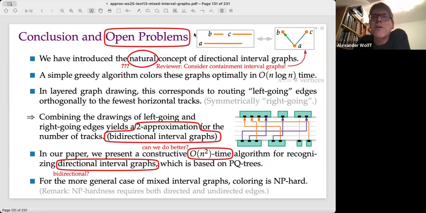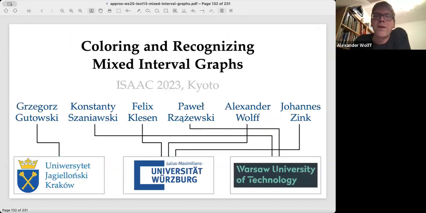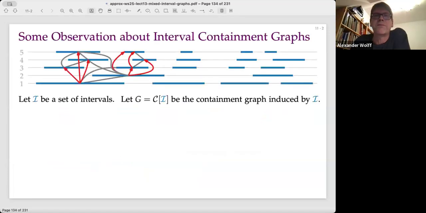So in this case, for the same set of intervals A, B, C, you now would get a directed edge from A to B because B is contained in A, and you would have just an undirected edge for A and C because they just overlap each other. Now this problem has nothing to do with my original graph drawing application, but it's a nice problem in its own right. So this is the topic of the second part: how to color such containment interval graphs.